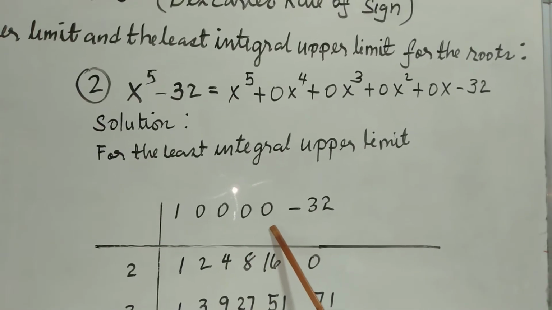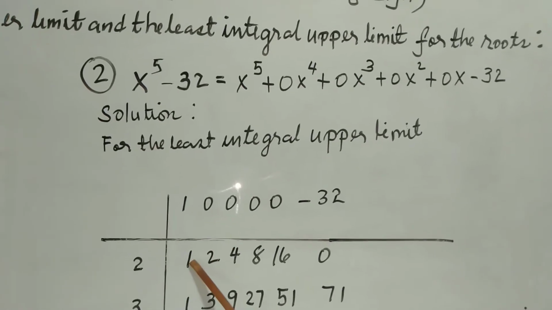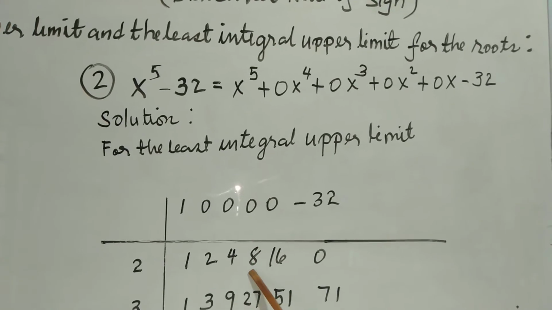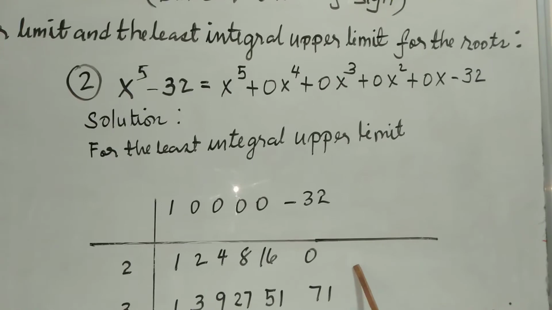So we begin at 2. So 1 times 2 is 2, times 2 is 4, times 2 is 8, times 2 is 16, times 2 is 32. So 2 is a 0.